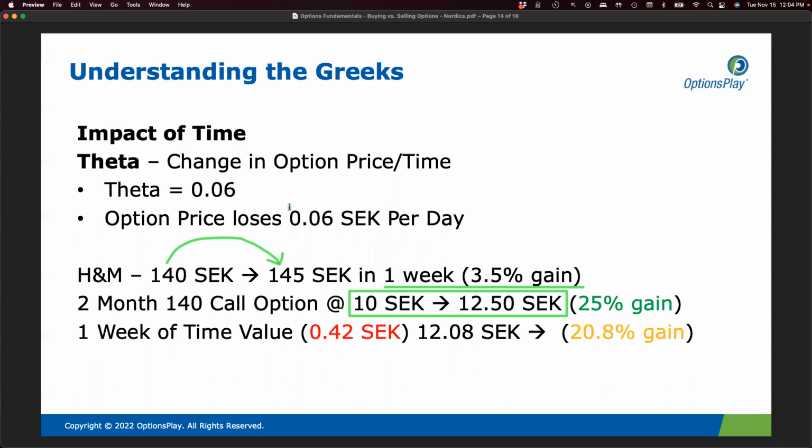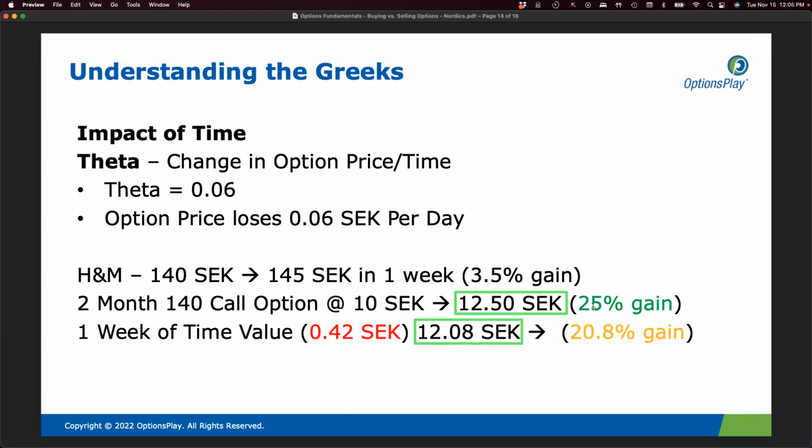And for every day I was holding on to the option, I lost 0.06 crowns. So over that 1 week's time, I lost 0.42 crowns to time value. That means the 12.5 crown option that I had is now only worth 12.08 crowns.